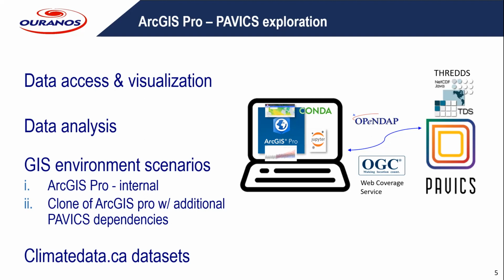And maybe one of the drawbacks that you could see from traditional websites is that you can visualize the data, but there's no way of overlaying any private or sensitive information on those maps and figures. Whereas if we can pull the data from the remote PAVX server, bring it into the ArcGIS environment and have that map in front of you, then you could add your own information and overlay that into your own maps and figures. So that's the reasoning behind the exploration.